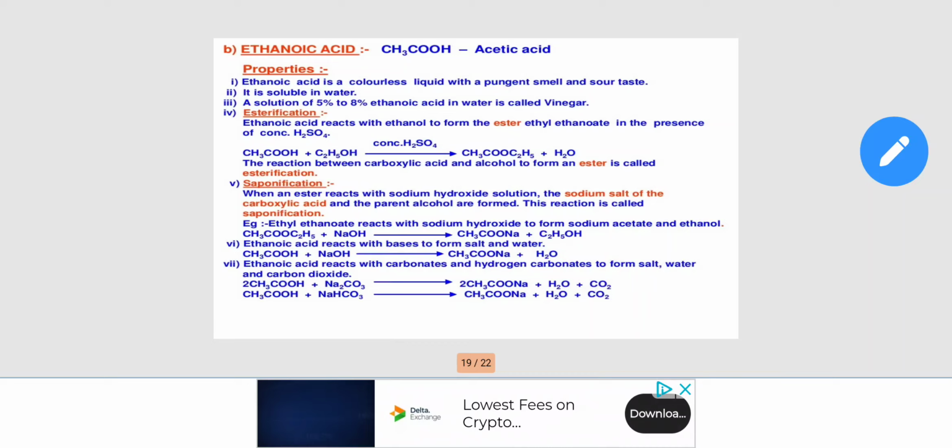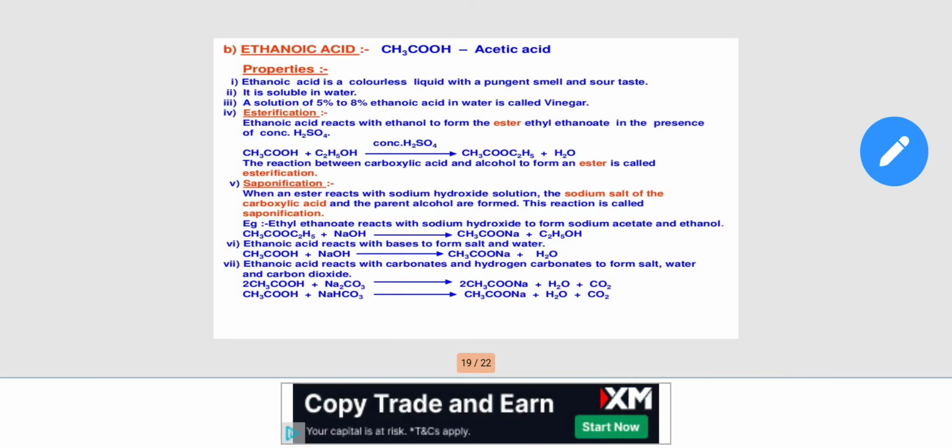Next, ethanoic acid reacts with bases to form salt and water. This is CH3COOH plus NaOH, it gives CH3COONa plus H2O. Ethanoic acid reacts with carbonate and hydrogen carbonate to form salt, water, and carbon dioxide.